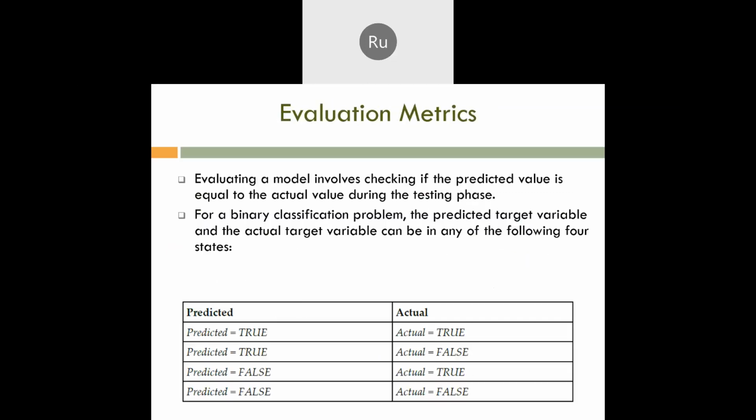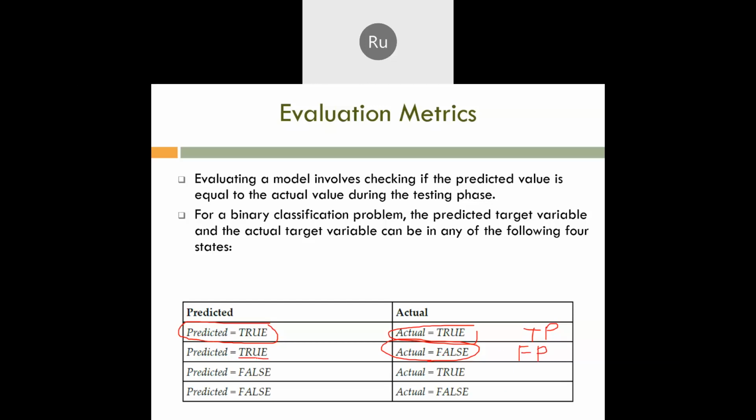For example, if your actual value is true and your predicted value is also true, this is a true positive. But if your actual value is false and your predicted value is true, that is a false positive, because you said this is true but the actual one is false.